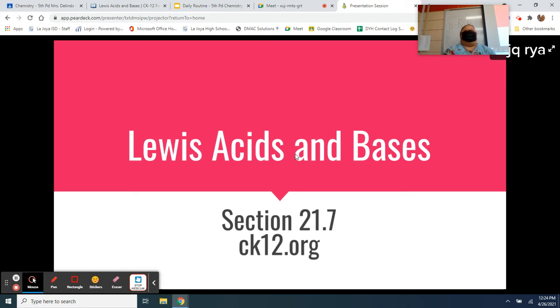What element do you think we're talking about for an Arrhenius acid? A hydrogen. Very good, Diamond. Now, what about the Arrhenius base? If the Arrhenius acid gives up hydrogen, what does the Arrhenius base give up? Oxygen is correct, but what else, along with oxygen?